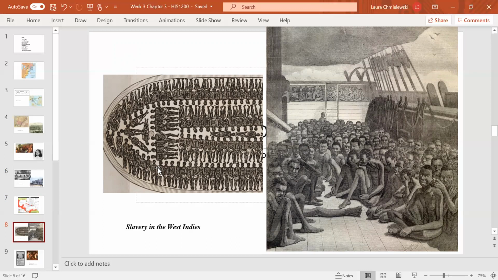And then, of course, of death, as some people died, as disease might spread through the cargo, the human cargo, and people would pass away.